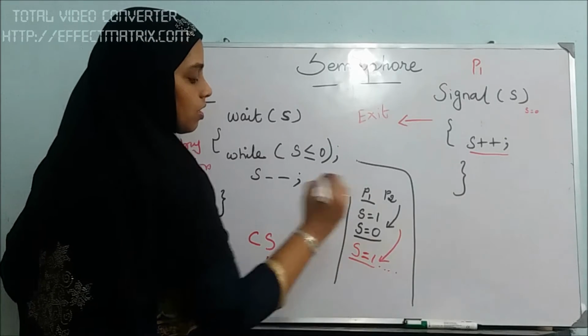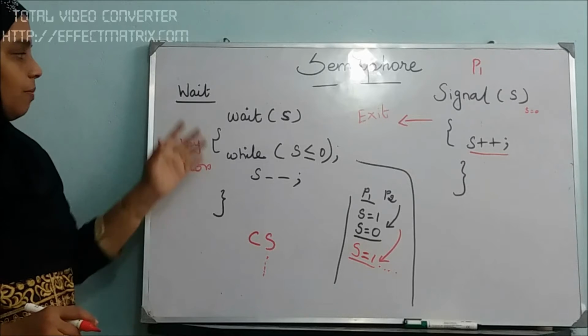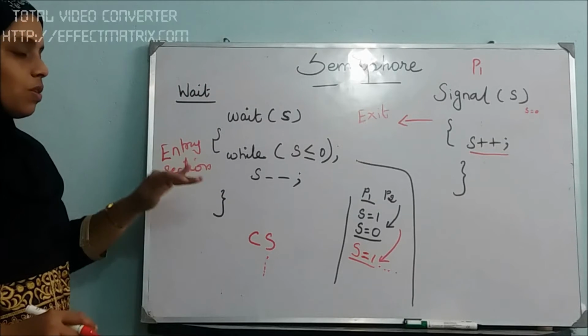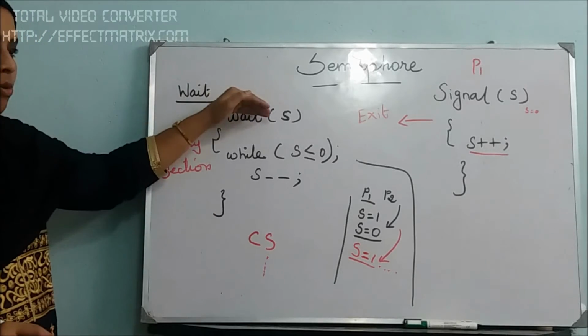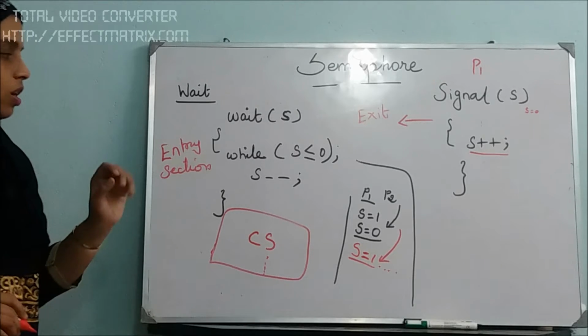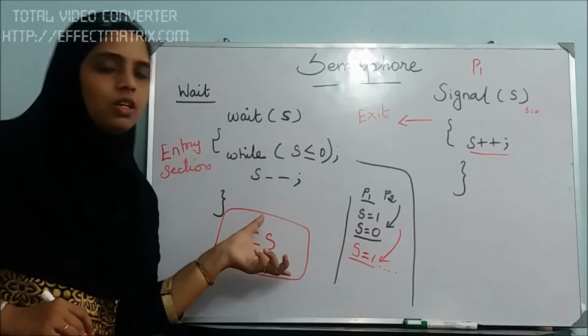Likewise, the wait and signal operations are performed. Once again I repeat: the wait operation acts as the entry section. If the entry section is executed successfully, no other process enters the critical section. We set s equal to 1 so that a process can enter the critical section.